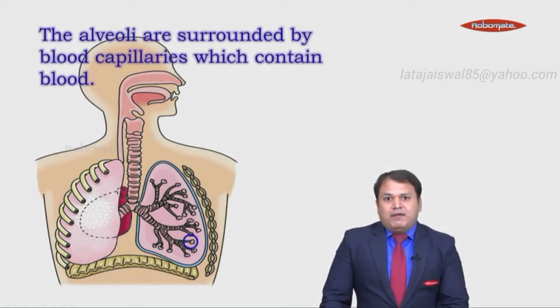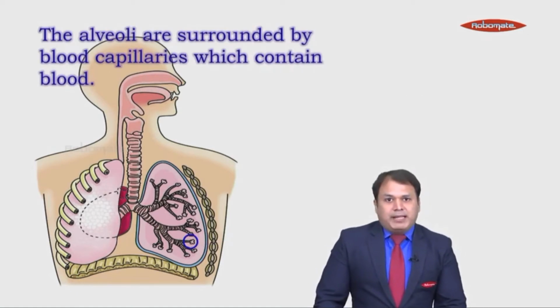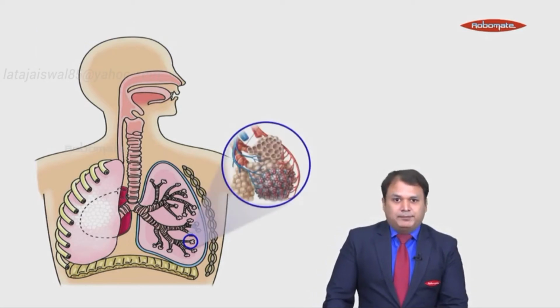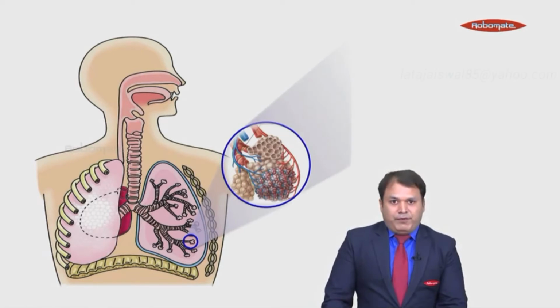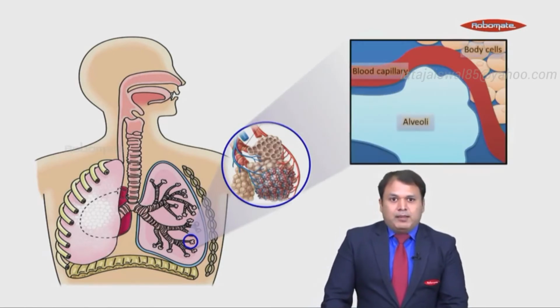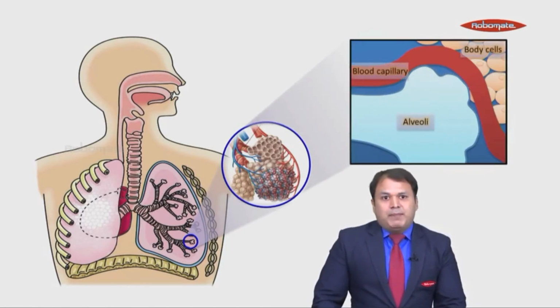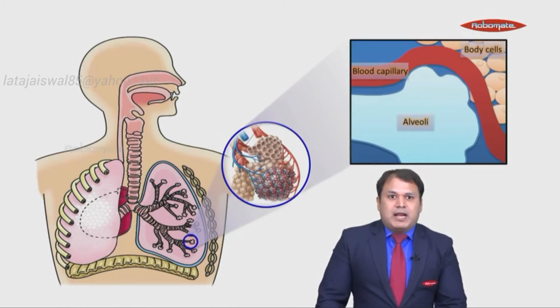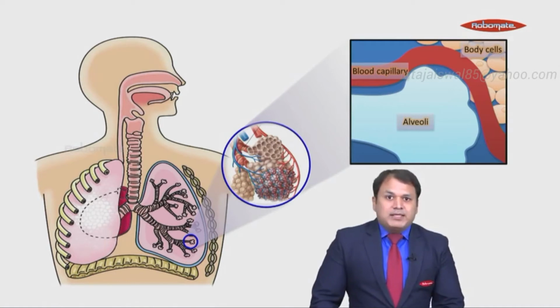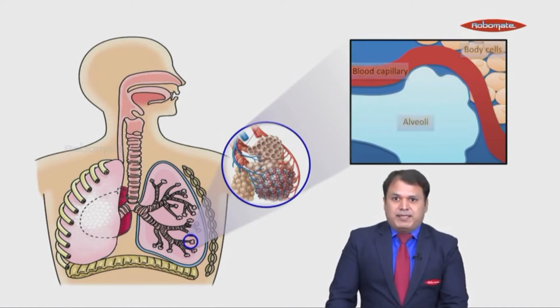As I said, the alveoli are surrounded by blood capillaries which contain blood. So we have the network of blood capillaries around the alveoli. Let us magnify. So we have the alveoli surrounded by the blood capillaries, and the blood capillaries are surrounded by the body cells or the tissues. So let us see how exchange of gases takes place.